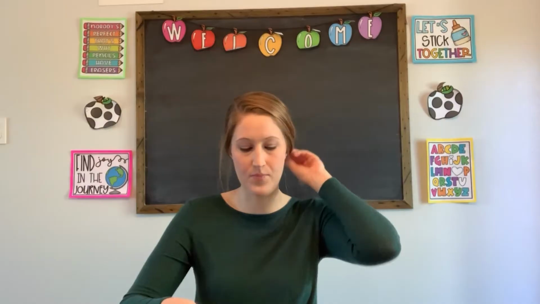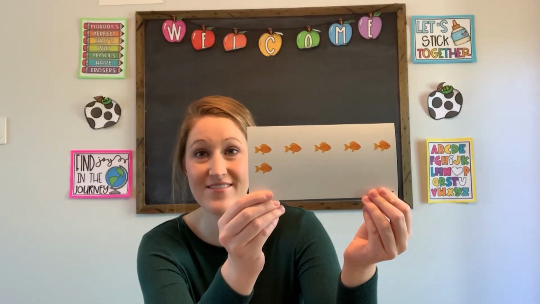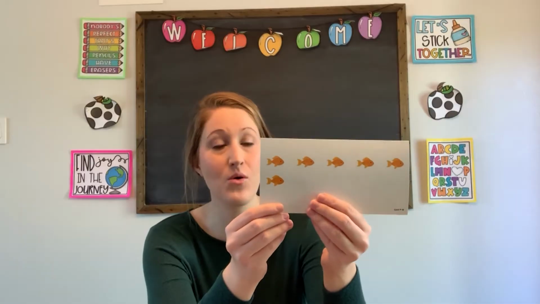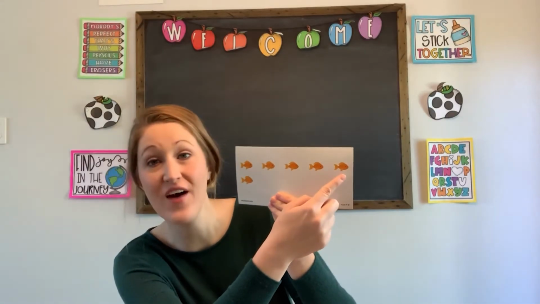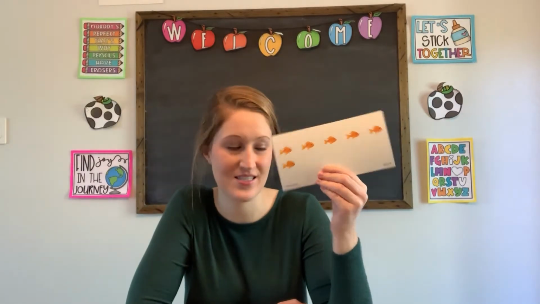All right, let's try another one. Oop, here's some goldfish. How many goldfish do you see on this card? Very good, there are 6 goldfish, right? We see that there's 1, 2, 3, 4, 5 on the top, and 1 more on the bottom makes 6.